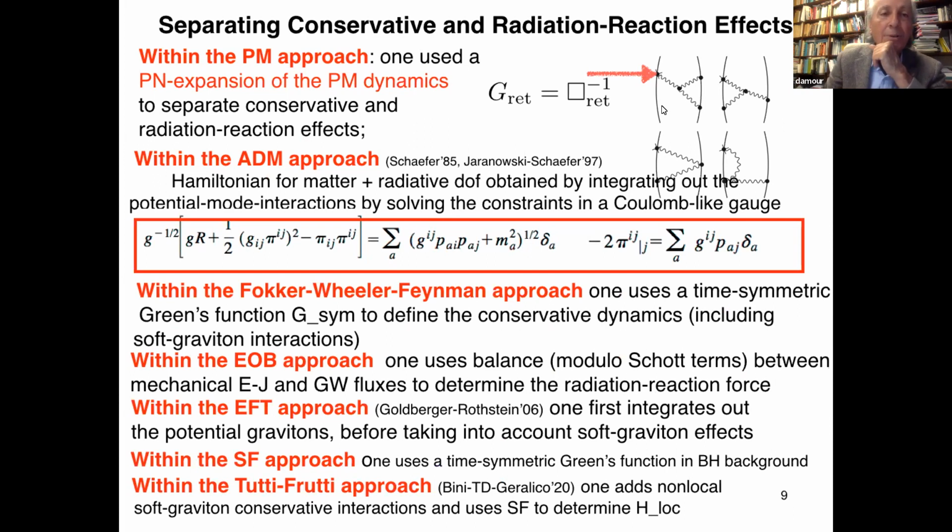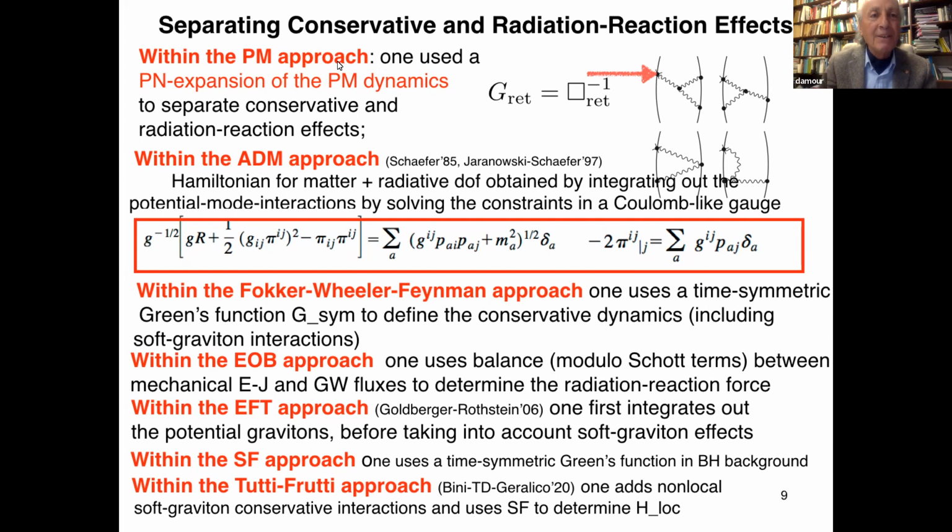And one of the main messages of this busy slide, which I will discuss in detail, is that I think there is an ambiguity in the literature: many people use the words 'we compute the conservative dynamics', but they mean different things by conservative, or at least they mean different ways of defining the conservative dynamics, and the ambiguity now I think is becoming serious and important to resolve.